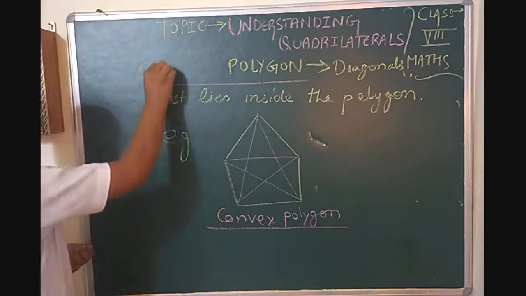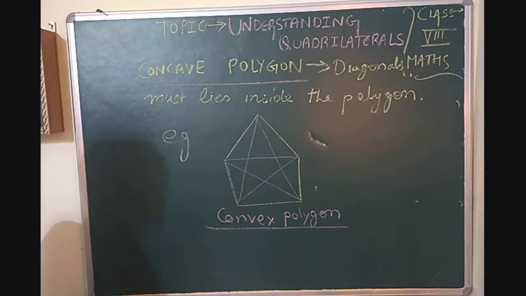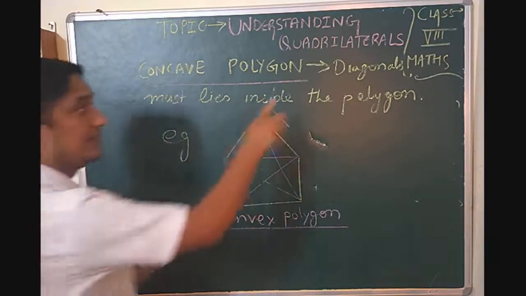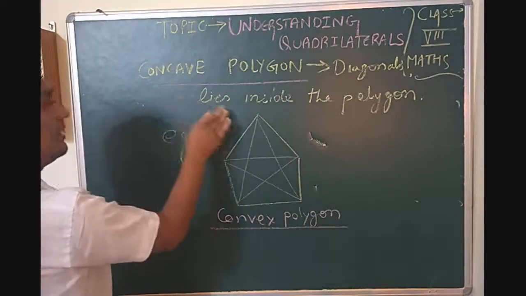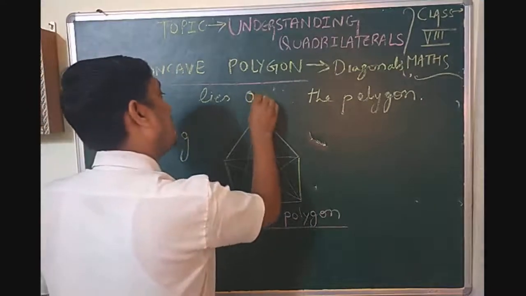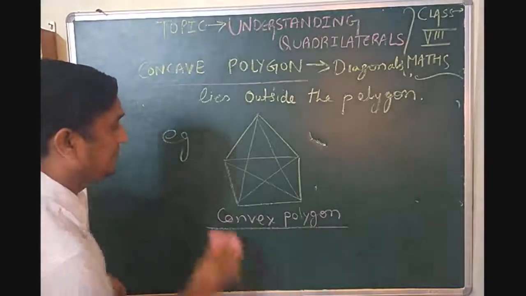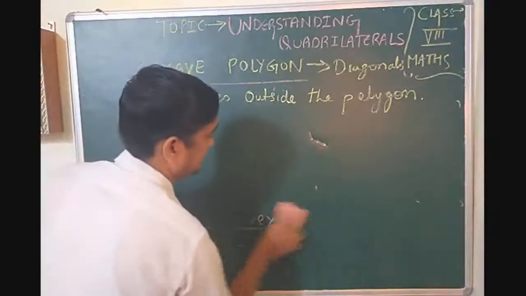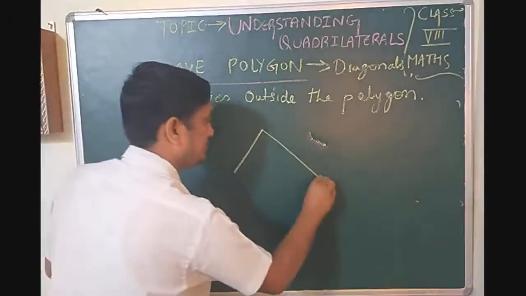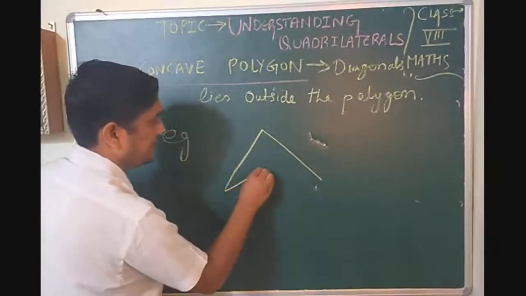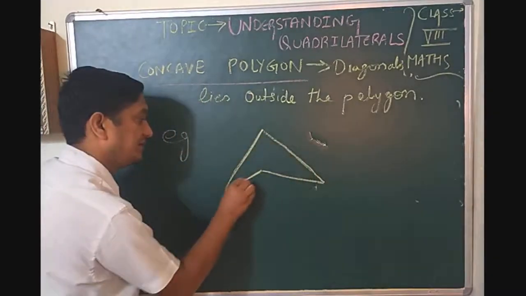So I am going to write the next one, that is concave polygon. Concave polygon means diagonals lie outside the polygon. For example, this is a polygon.